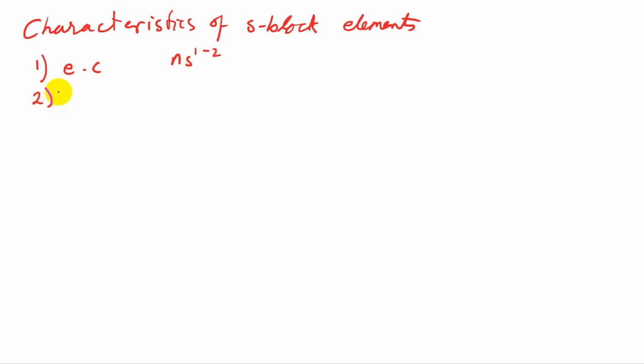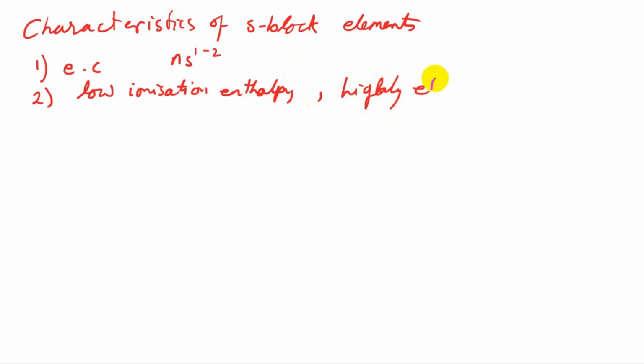Isn't it? The second thing you can say, they all have low ionization enthalpy. Whenever I say enthalpy, it is energy. So low ionization enthalpy. And with this, I can also add they are highly electropositive.